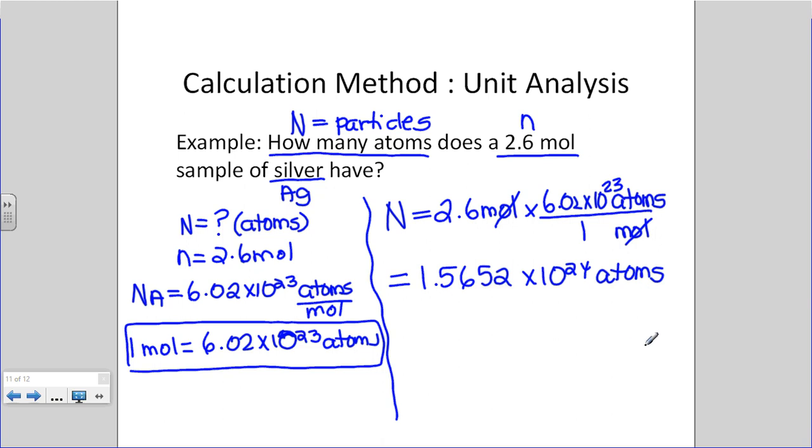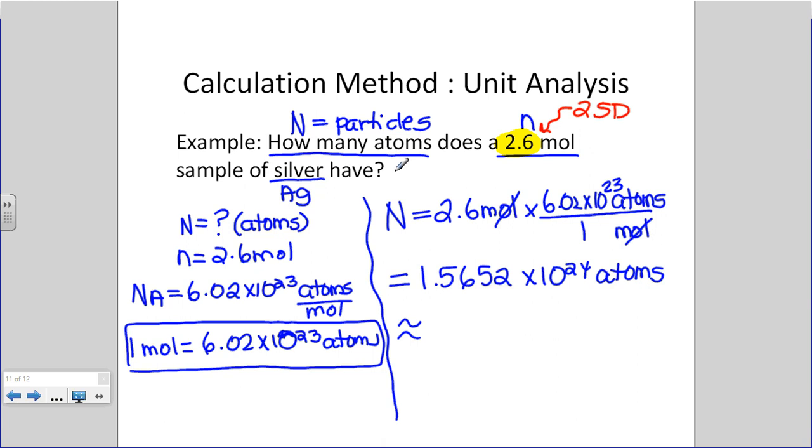So before we try one more problem, I want you to think about significant digits. If I'm going to round my answer here, how many significant digits do I need? You go to the problem and look at any numbers that are given. The only number that's given here is 2.6. How many significant digits is that? Hopefully you recognize that's 2 significant digits.